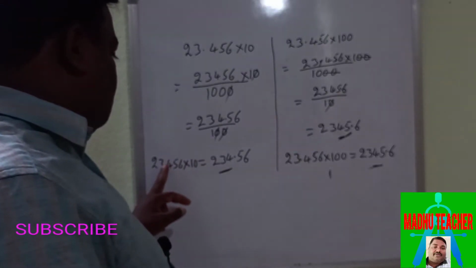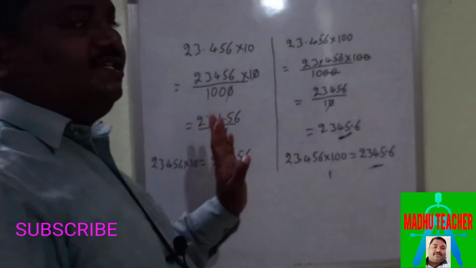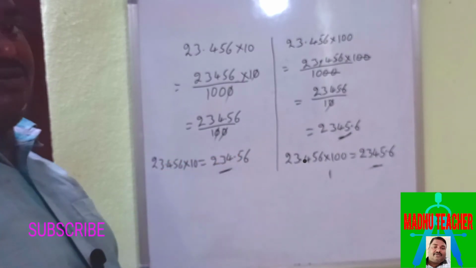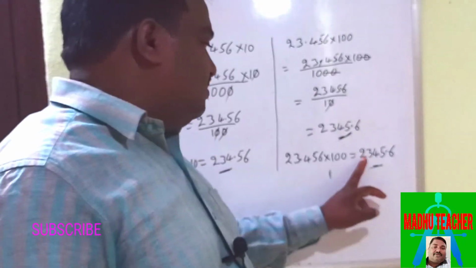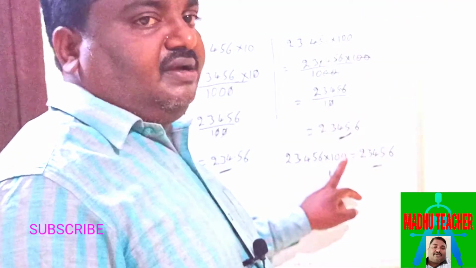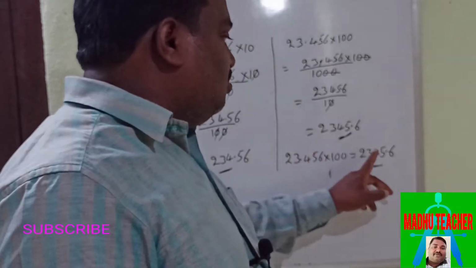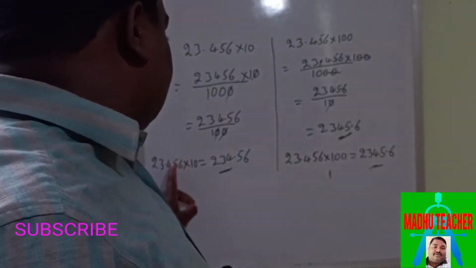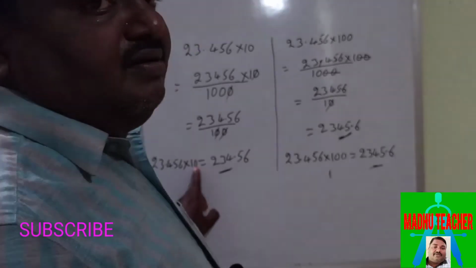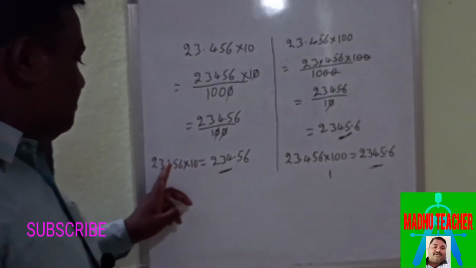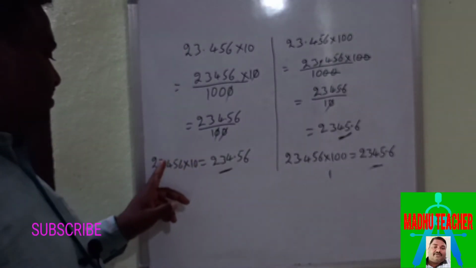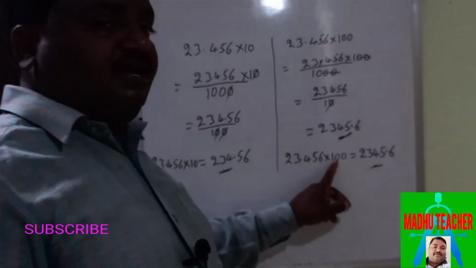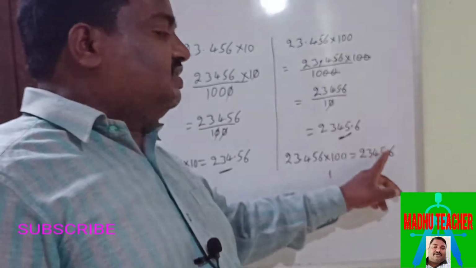By observing these two, you can conclude that by multiplying by 10, the point moved one digit to the right side. Here by multiplying with 100, the point moved two digits to the right side.